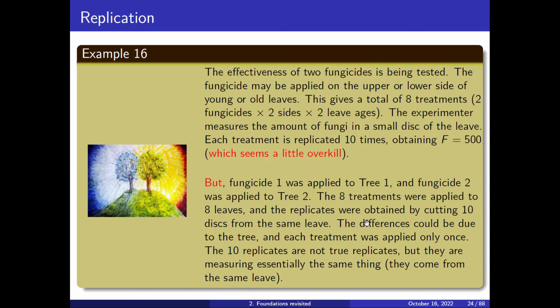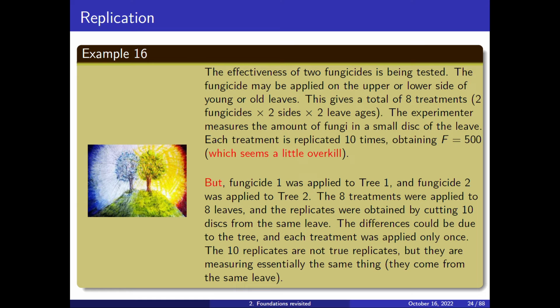And the 8 treatments were applied to 8 leaves. So we only have information from 8 leaves, and the replicates were obtained by cutting 10 discs from the same leaf. Now we know that these 10 discs are technical replicates, not biological replicates, which is fine.